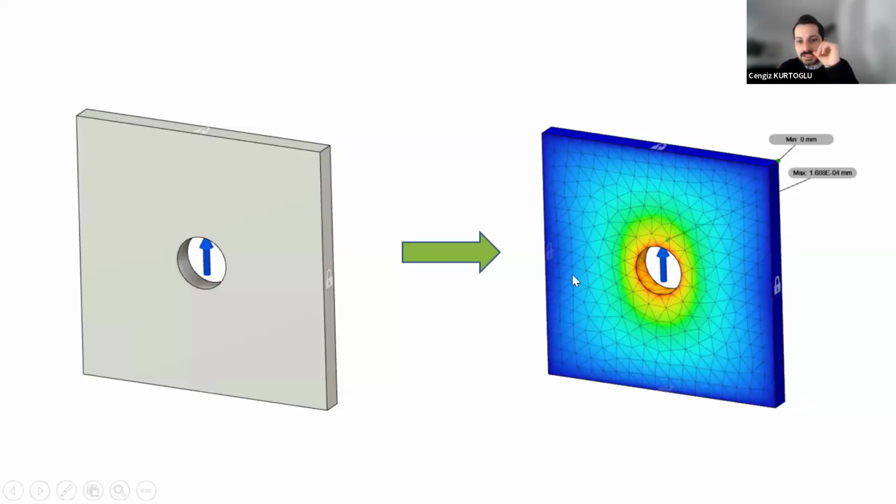So it's not very important to the right and the left side of the part in these conditions, but the important part is in the load direction. So as a result, on the same condition, the load direction is changed and the results are also changed.